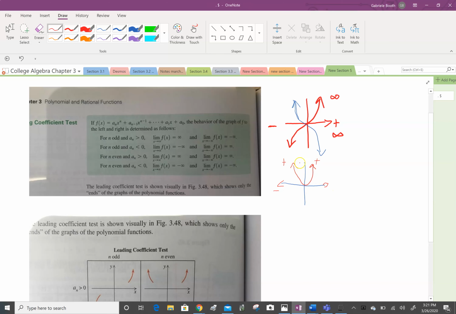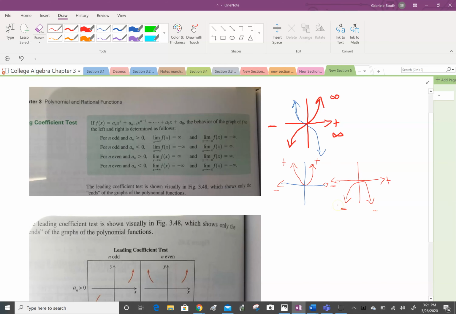So they're both going up. If we have a parabola that's reflected and opens down, now if x goes to positive infinity, then y is negative, and as x goes to negative infinity here to the left, then y is negative as well.